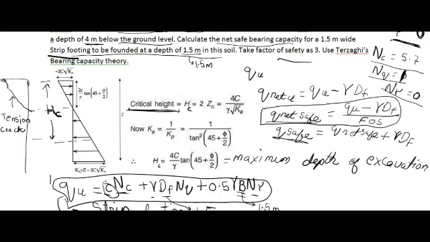Okay, and that Hc is nothing but twice Zc. And now what is Zc? Zc is the depth of tension failure. Due to the soil's own weight or due to surcharge, a tension failure plane occurs when you excavate a clay soil up to a certain height from the ground level.